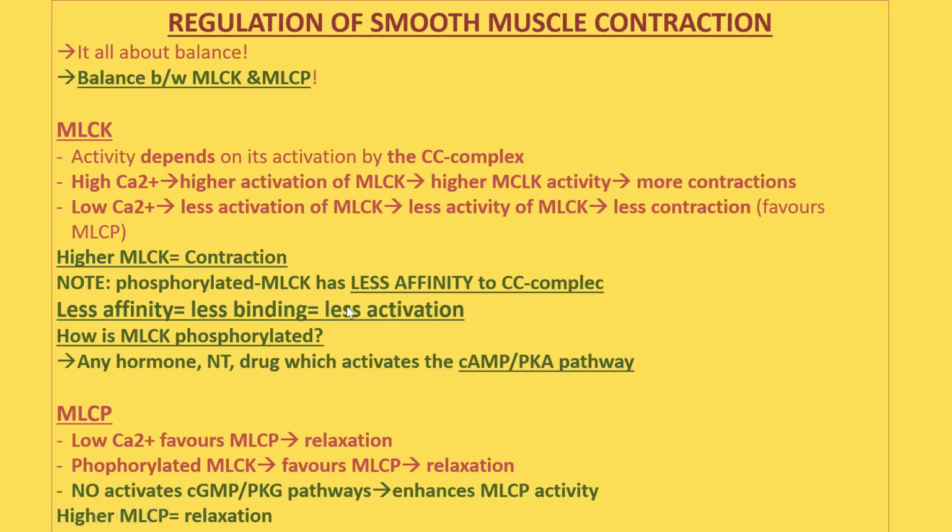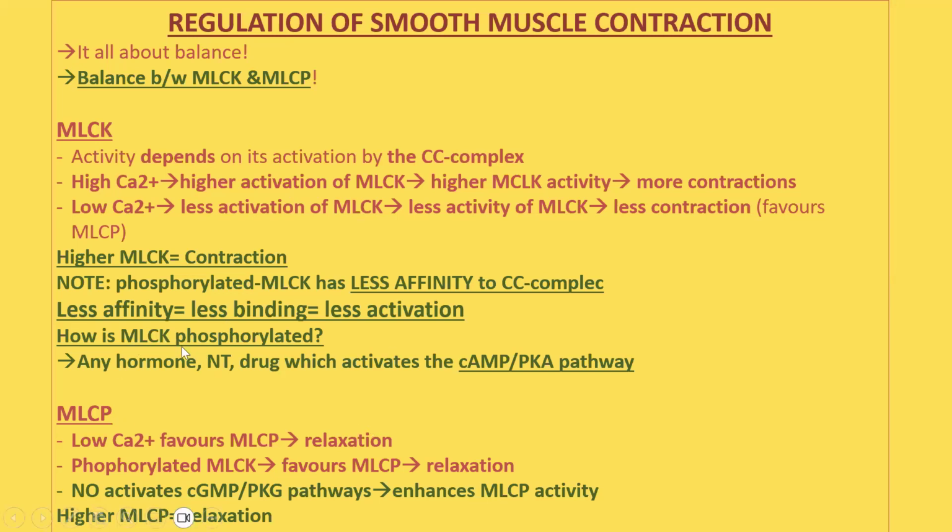MLCK activity can be decreased by two things. If you have low calcium, which makes sense because you have less CC complex formation, or if the MLCK itself is a phosphorylated MLCK and it has a phosphate group. And why? Because it has less binding capacity or less affinity to the CC complex. So how does this MLCK get phosphorylated in the first place?